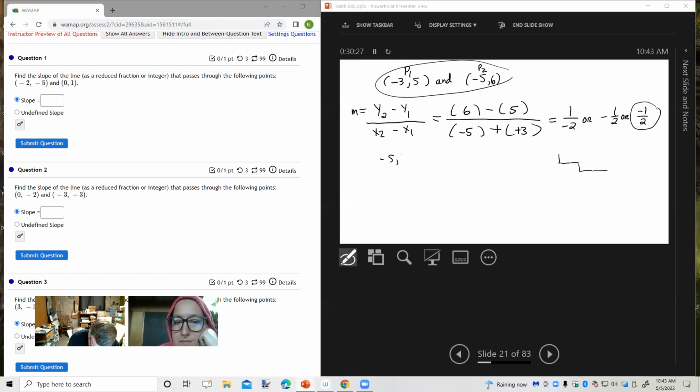Let's say that I had done it like this. And I'd call this point 1 and this point 2. All right. So ignoring what's up above there, let's just say, here's the problem.